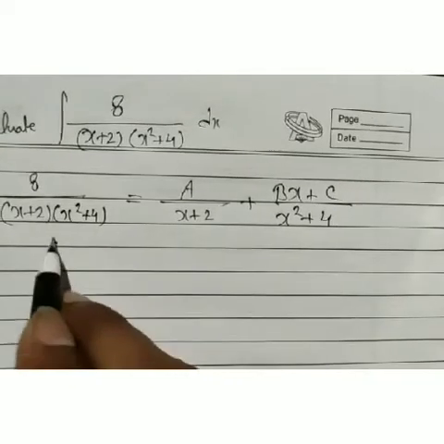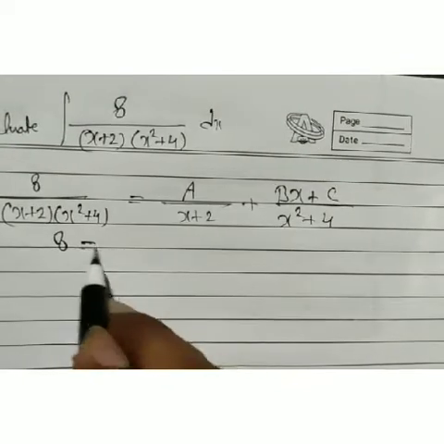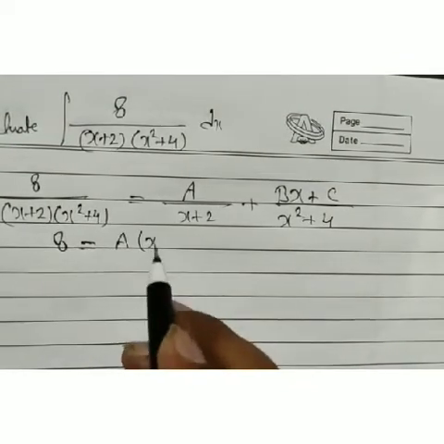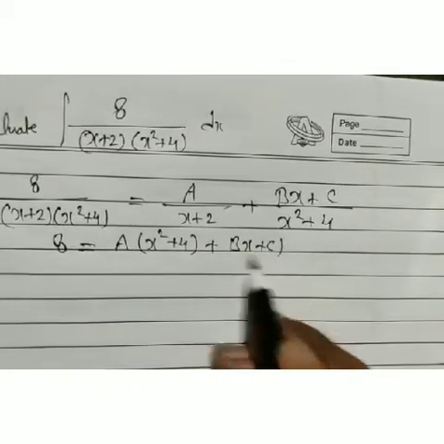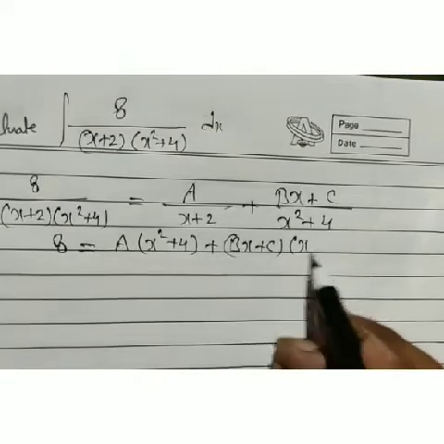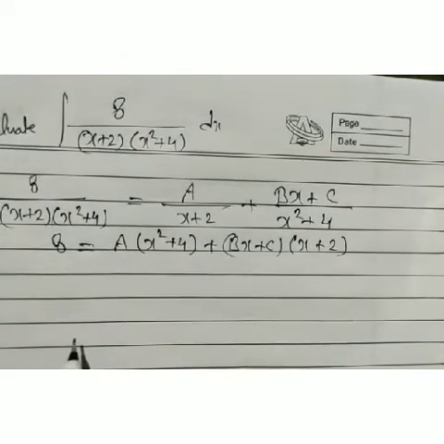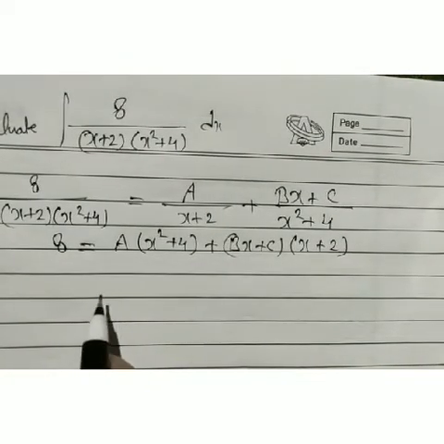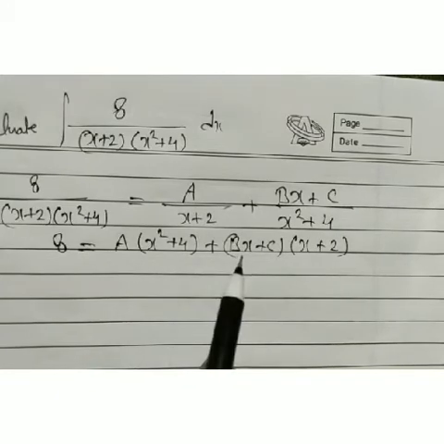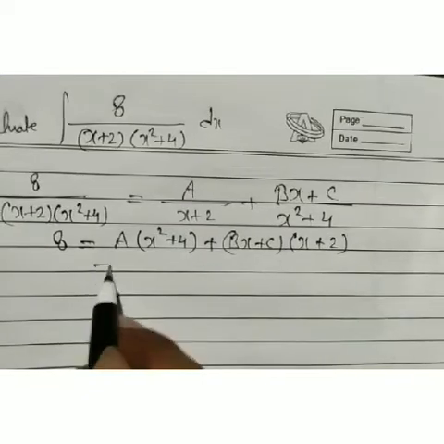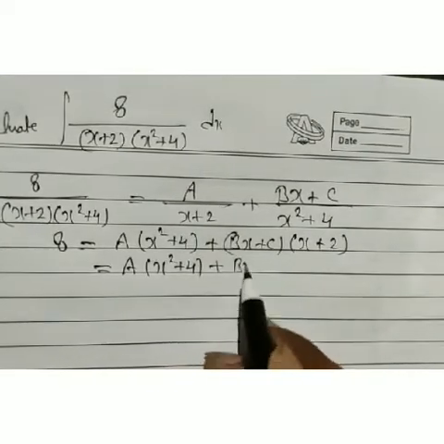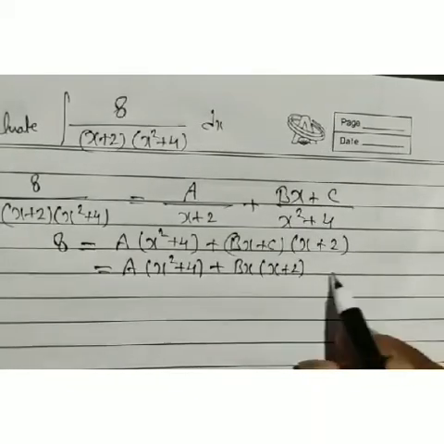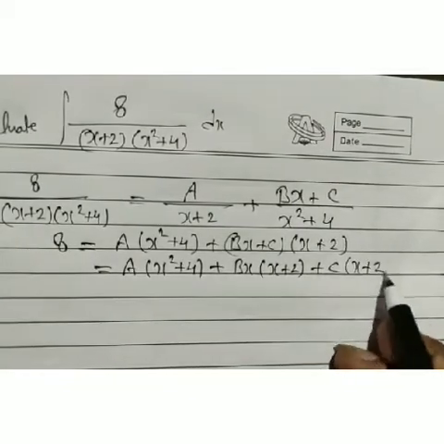Then we have 8 only on the left, and on the right we get a into x square plus 4, and bx plus c multiplied with x plus 2. Now we solve it: a times x square plus 4, plus bx into x plus 2, plus c into x plus 2.